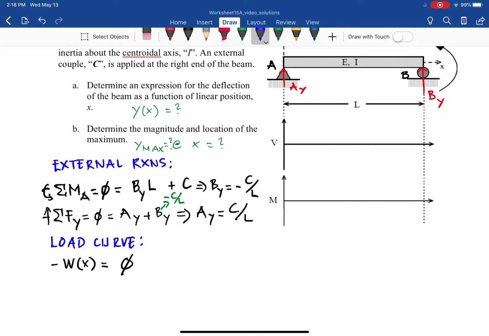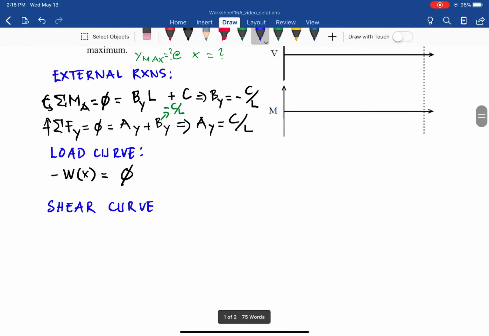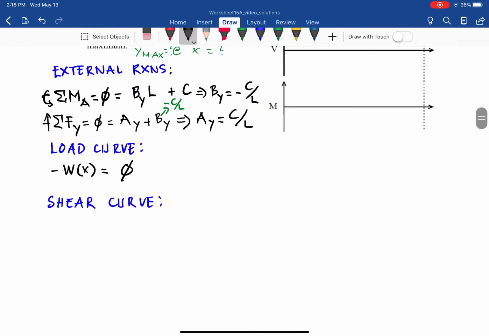Then we move to the next, the shear curve. The change in shear equals the area under the load curve, so we integrate the load curve to get V(x).